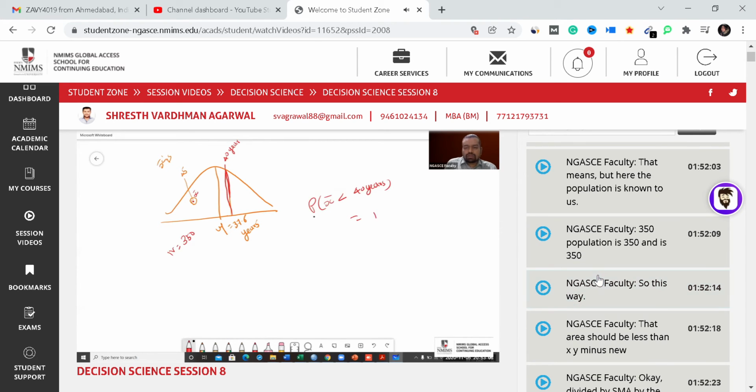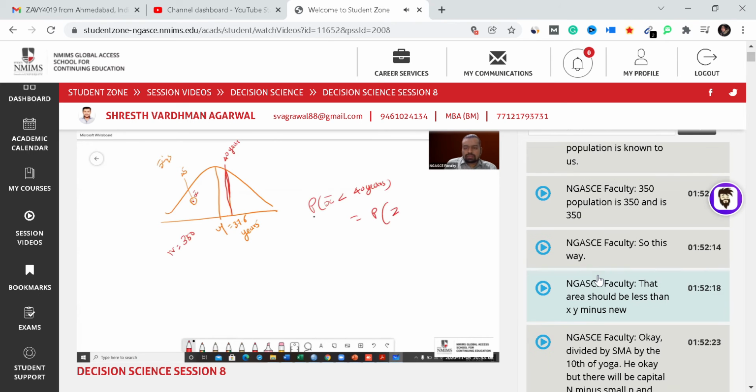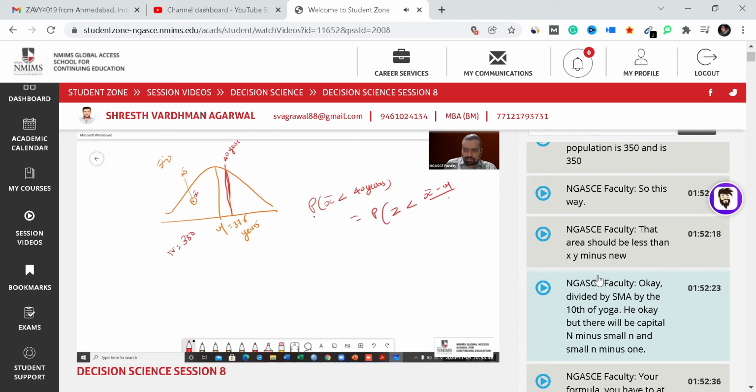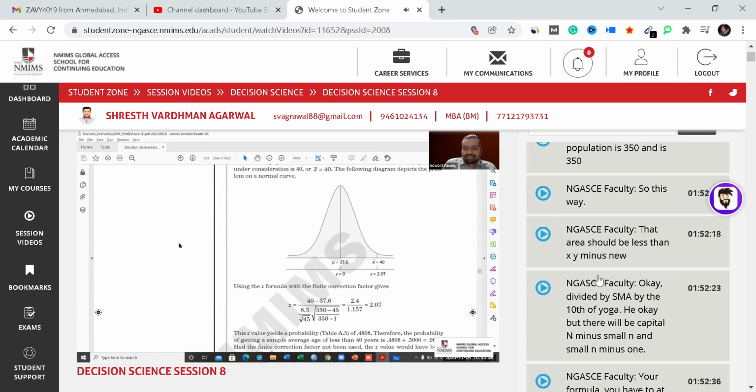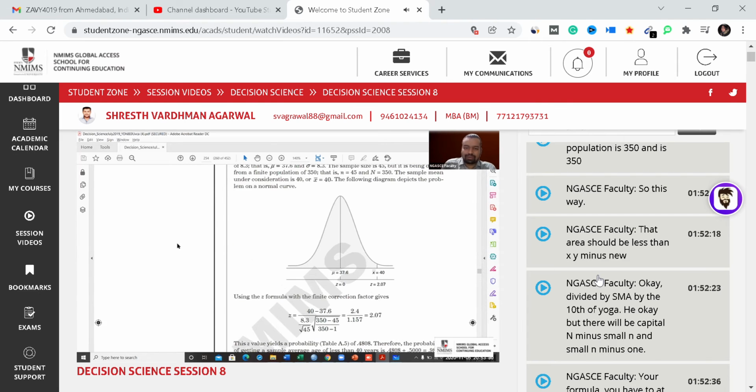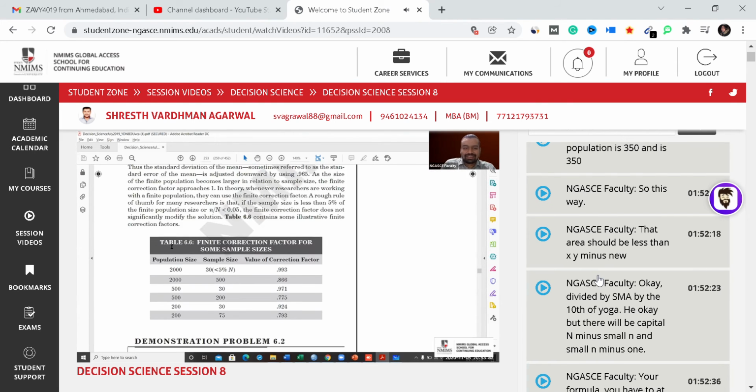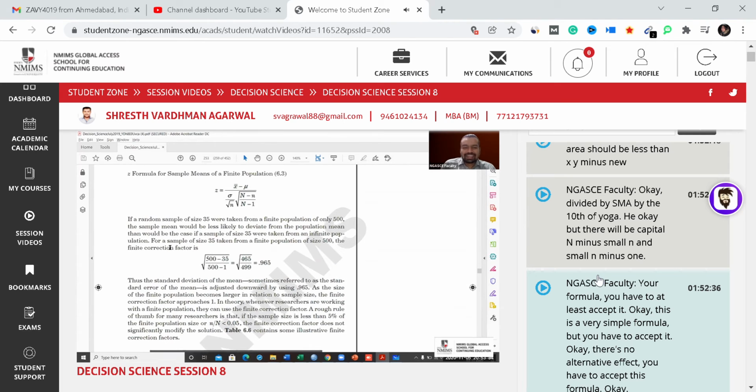So Z should be less than x bar minus mu divided by sigma by root n, but there will be capital N minus small n and small n minus 1. You have to at least accept this formula. It is a very simple formula, but there is no alternative to it.